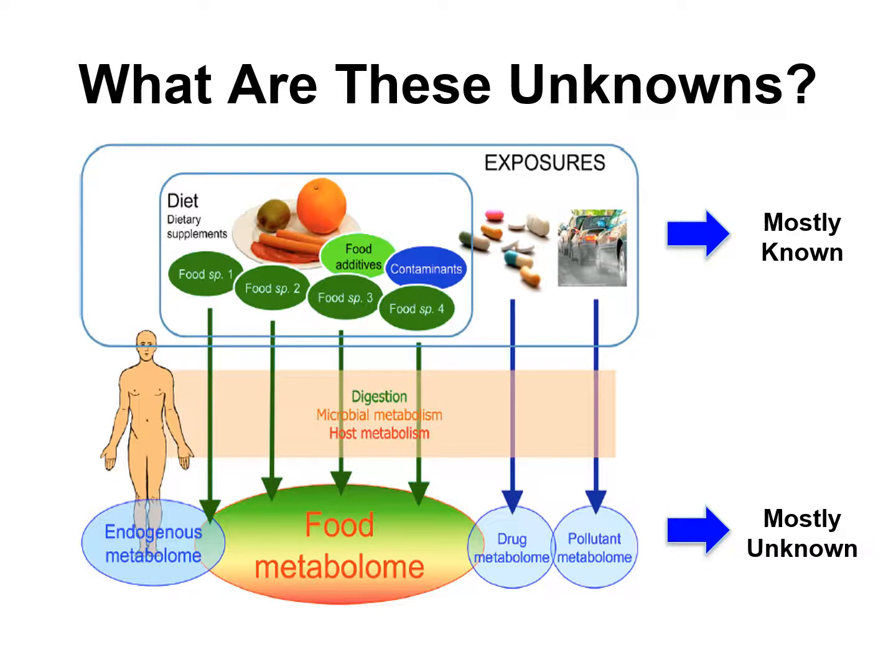They are changed. And these produce, if we want, metabolites of metabolites. They can represent transformation products of the endogenous metabolome, transformation products of the food metabolome, transformation products of the drug metabolome, of the pollutant metabolome. And it's largely argued and believed that those represent the bulk of the unknown compounds.